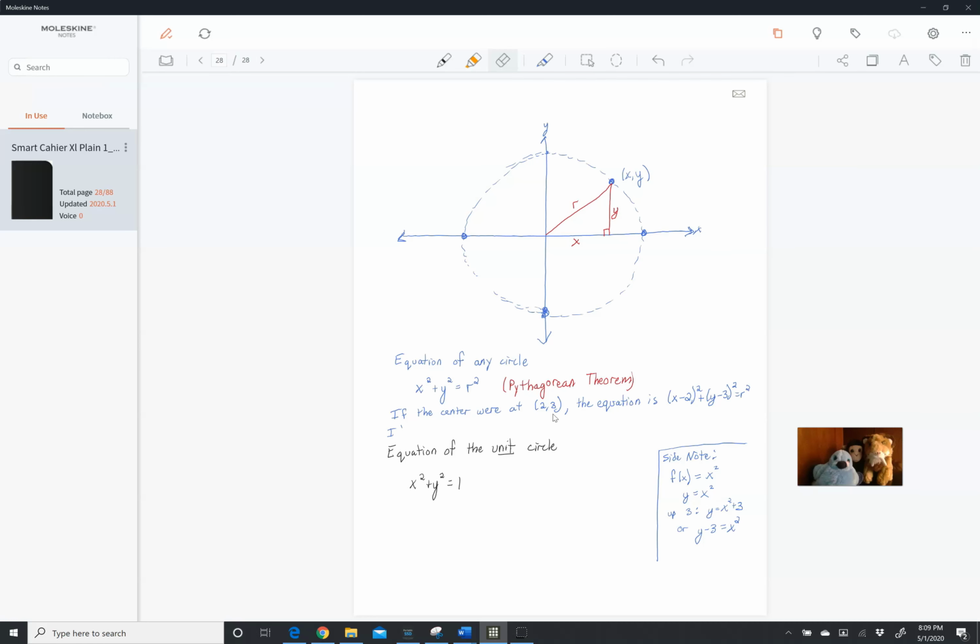And if the center were at, let's say, c comma d, then the equation would be x minus c squared plus y minus d squared is equal to r squared.